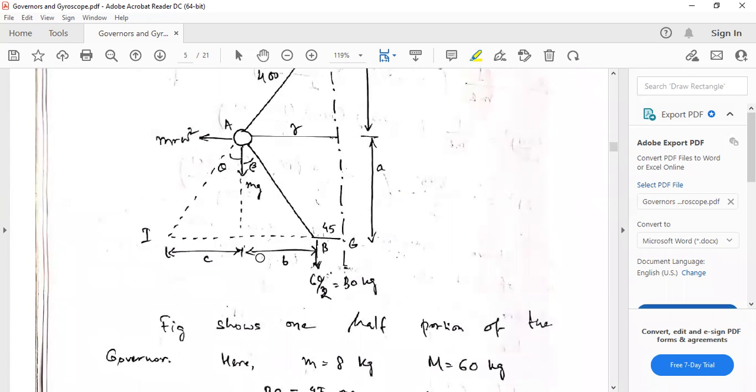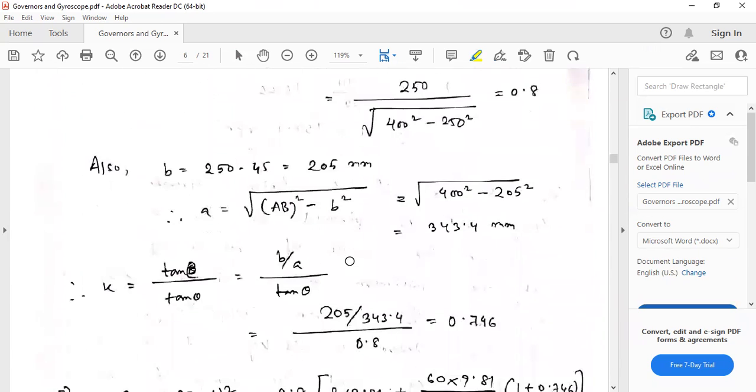And we need to get beta also. For that we need to find this b. Now what is b? Very carefully, you can see this is r. This much is b, and additionally 45. If we add 45 to b, we get the total length r. So r is equal to b plus 45, and we can find b. b equals r minus 45, so 250 minus 45.